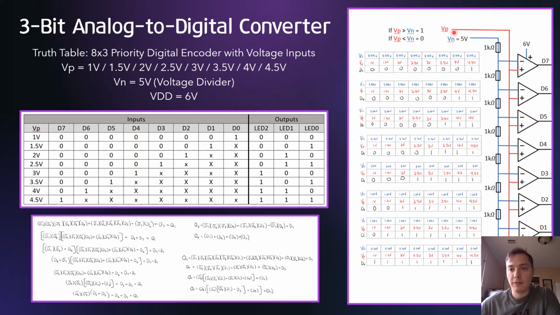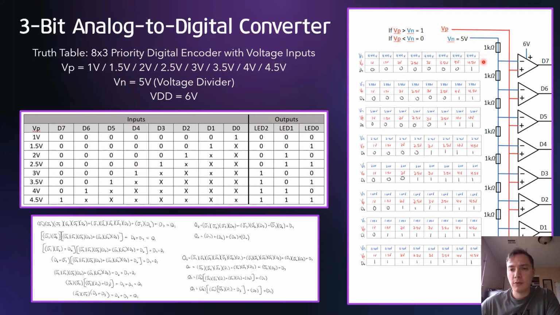So you apply a voltage here at VP. Those are connected to the positive terminals of each comparator. And depending on if this voltage that you're applying is greater than the voltage here found at VN, if it is greater, then it'll equal 1, which just means that this voltage is allowed to pass through. So for example, the first node here would be 4.44 volts connected to the negative terminal.